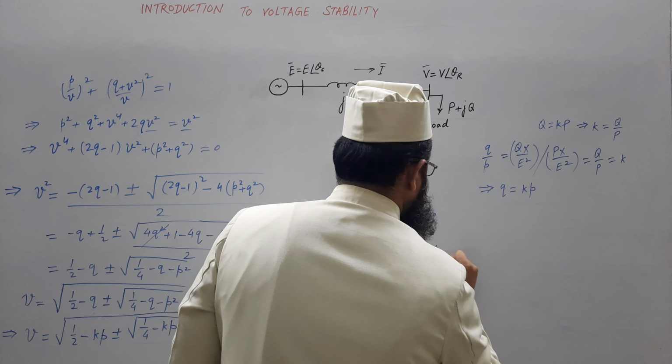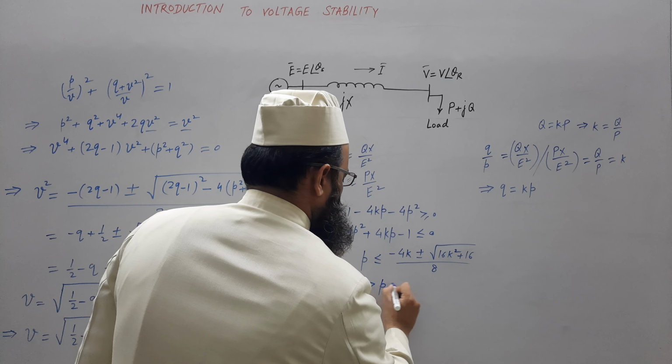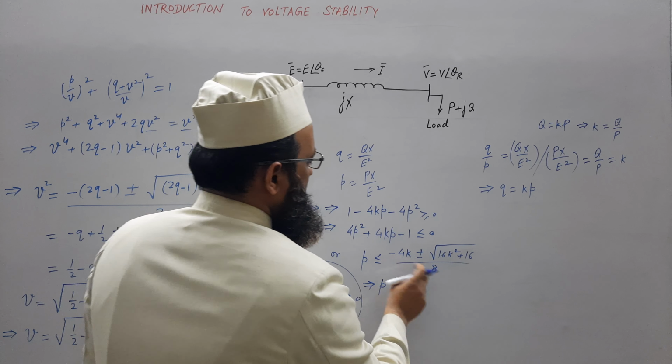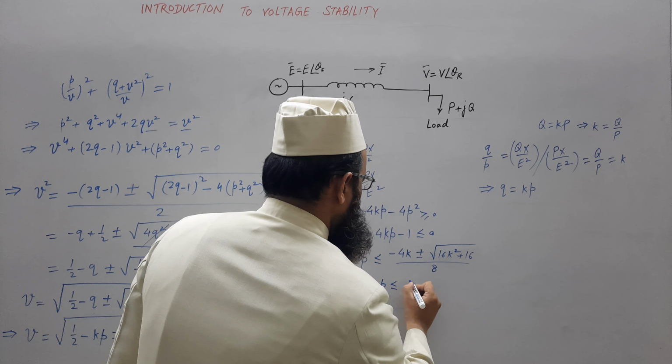This implies P is equal or less than 4 by 8, 1 by 2, that is minus k by 2 plus minus. It's obvious that 16k square plus 16 will always be positive. No need to worry about whether solution of this we are getting real or imaginary.